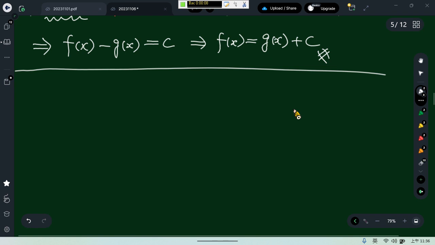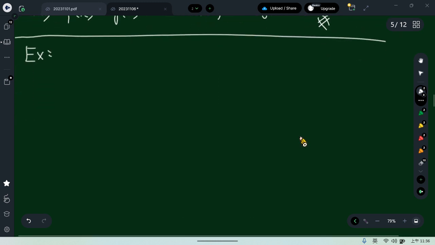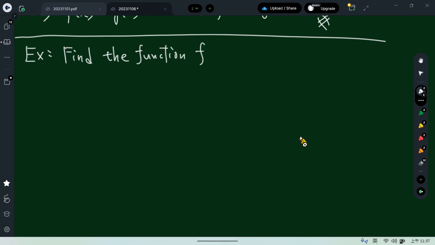Okay, so I just want to give you an example to show you how to apply these corollaries. So this example is just like this. Please find the function f of x whose derivative is sine x.